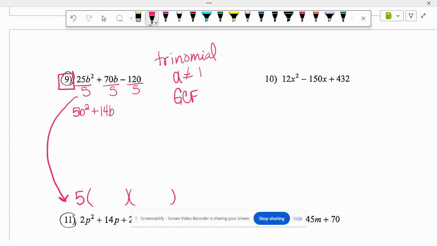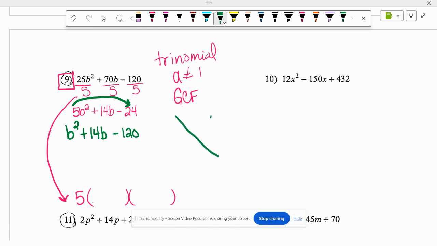And 120 divided by 5 is 24. Okay, so let's see. I'm going to slide. That gives me b squared plus 14b minus 120 because 5 times 24 is 120.